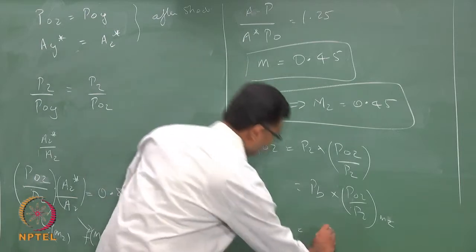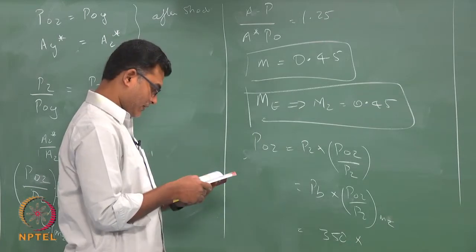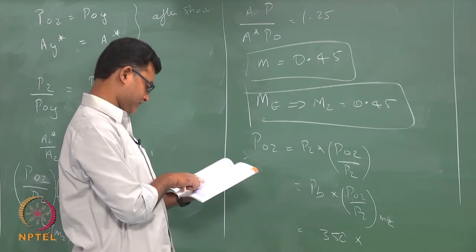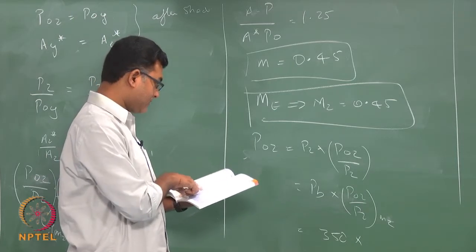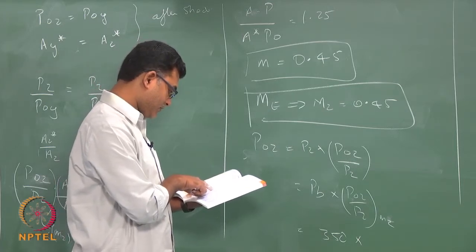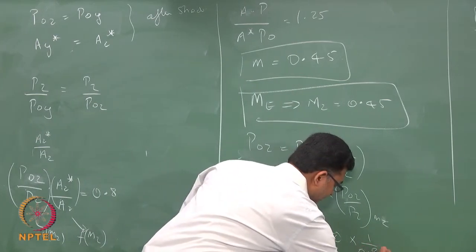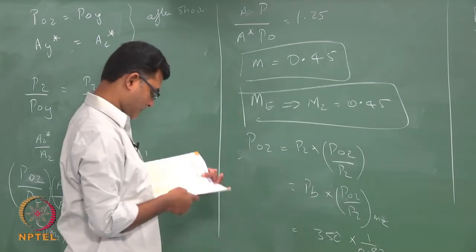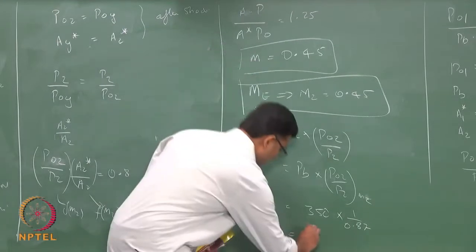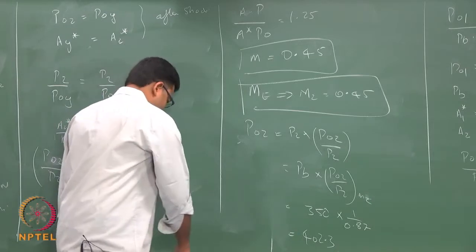PB is 350 kilopascal into the ratio P02 by P2 for M equals 0.45, which would be 1 by 0.87. This would give me 402.3.